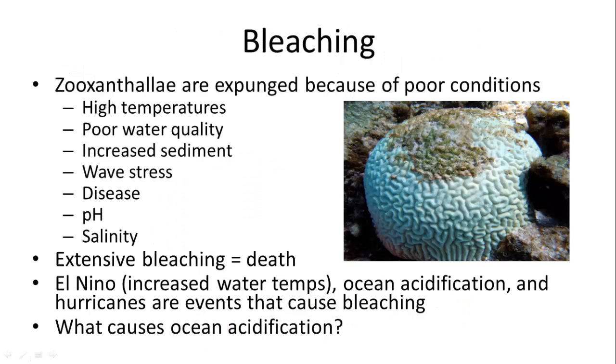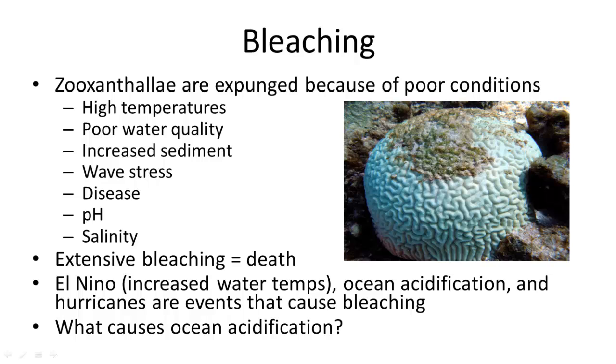Bleaching is a phenomenon that occurs when the corals are highly stressed. So there's a lot of different things that can cause it. High temperatures, poor water quality, increased sediment. What happens is the zooxanthellae are expelled from the coral for a time. If it happens for too long, the coral will die. Sometimes they are able to reestablish their zooxanthellae when the stress has reduced.